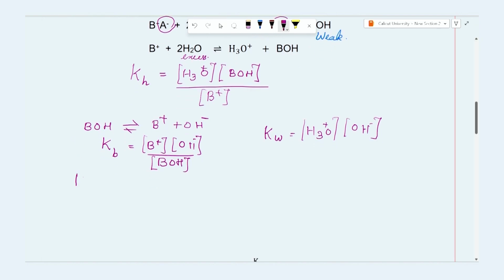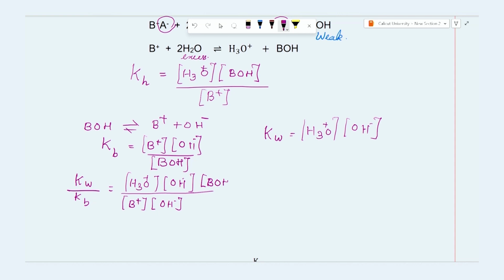So, Kw divided by Kb is equal to H3O plus into OH minus divided by Kb, which is this expression. So, in the denominator we will have B plus into OH minus, and this denominator goes to the numerator, so you will have BOH.